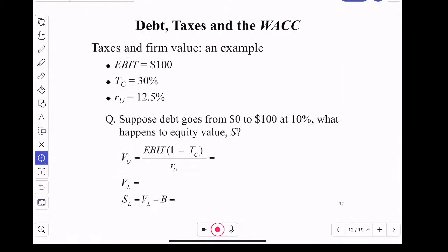So imagine that debt goes from $0 to $100 at 10%. So this is our B. What happens to the equity value S?